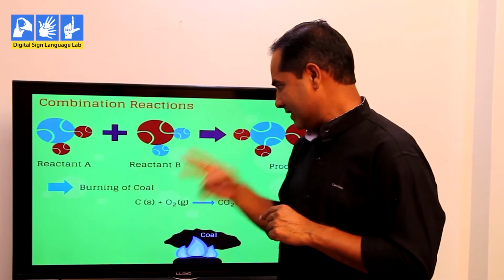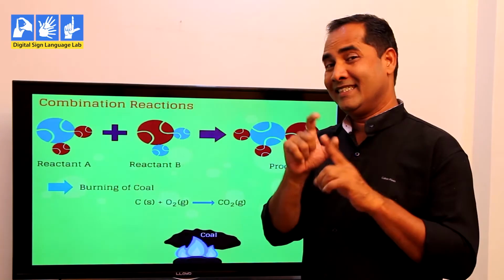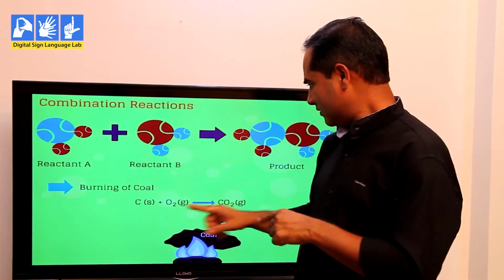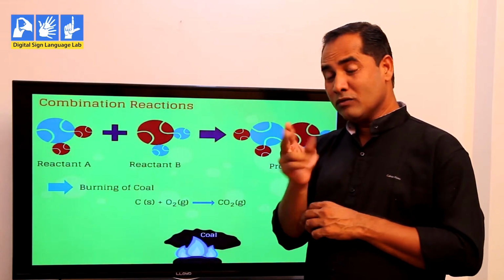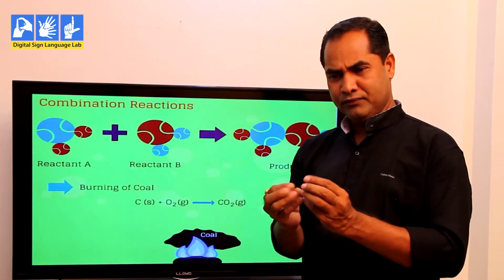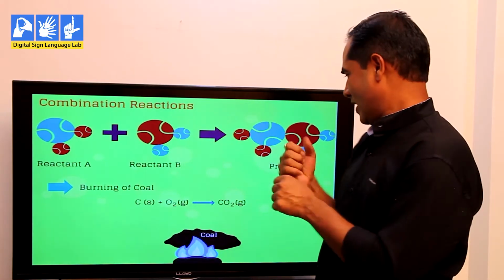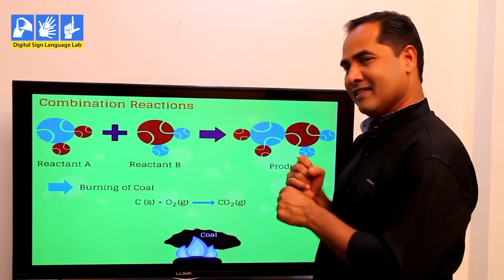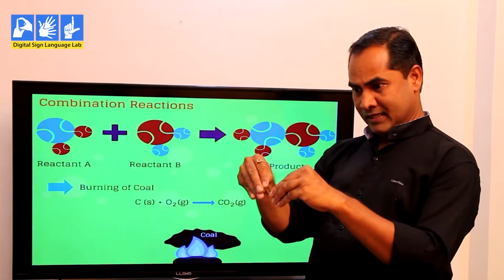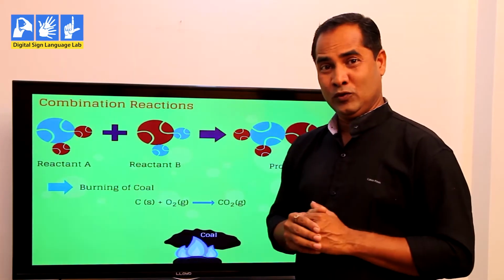The same example. So you see coal, which is actually carbon, a solid, combines with oxygen, which is a gas. That is, when we burn coal, it combines with oxygen and forms carbon dioxide, which is again a gas. So carbon and oxygen combine to make carbon dioxide.